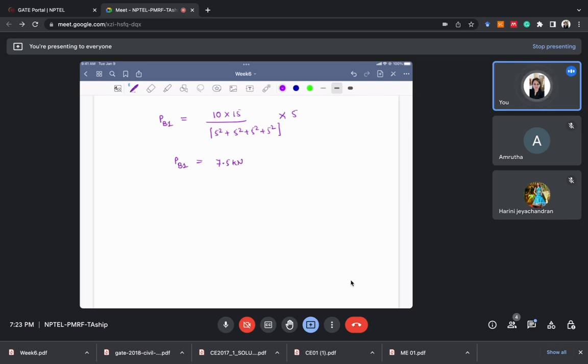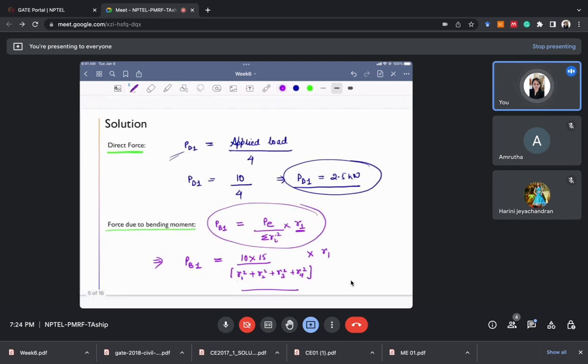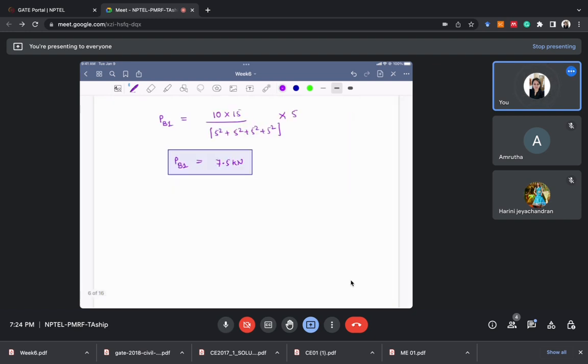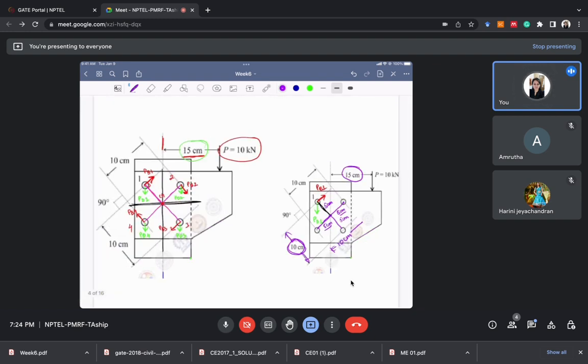I hope you don't have any confusion till now. We have calculated PD1 and we have calculated PB1. So for bolt number 1, we have calculated the direct force as well as the force due to the bending moment.